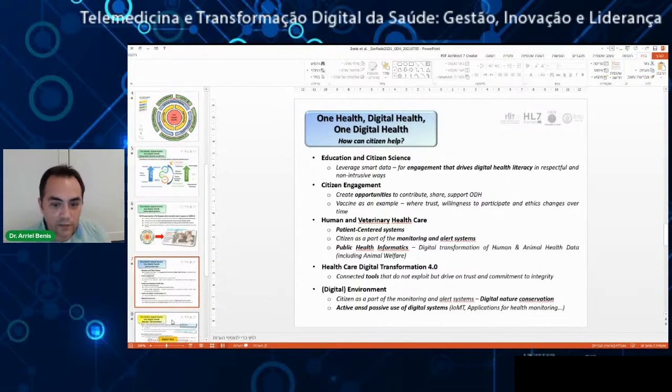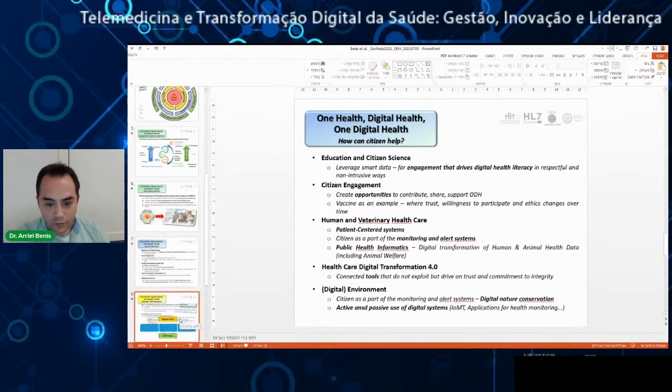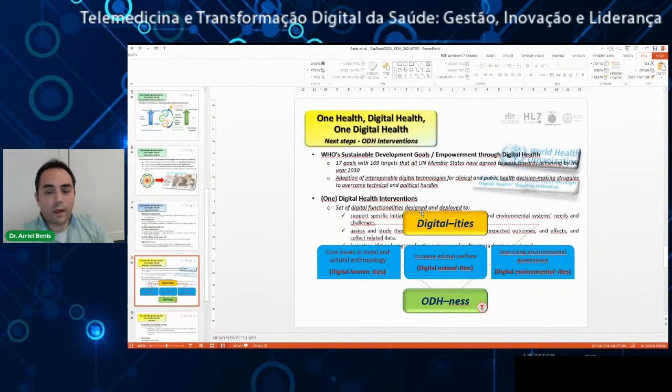It's a kind of physical activity. And all of this will allow us to develop better public health informatics, integrated informatics, and allowing the industry to look further.